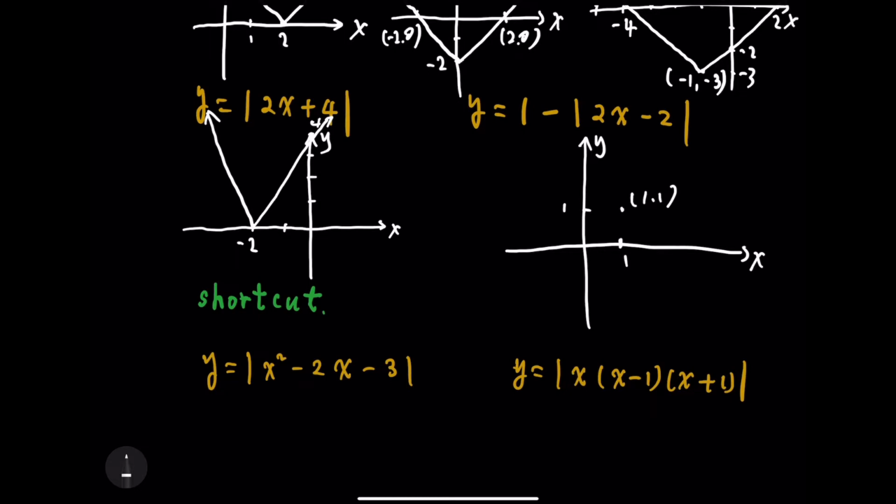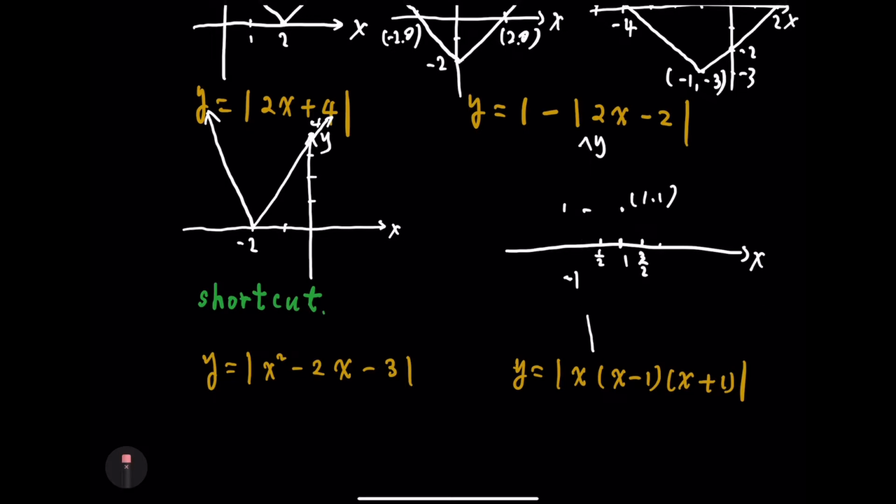But since we're shifting 1 unit up, it becomes negative 1. So that's the y-intercept. And the x-intercept is going to be 3 on 2. So if this is 2, this will be 3 on 2, and this would be a half, positive half. Right.